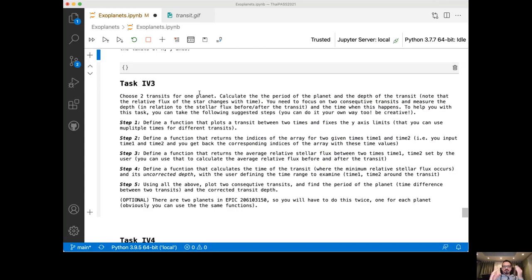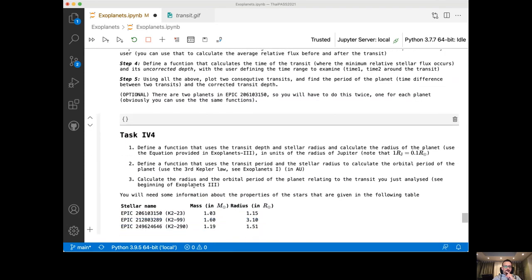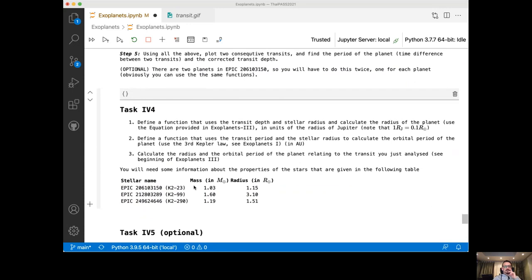First of all, get the bigger transit, so the bigger planet, and then follow the steps to calculate the radius of the planet and its period. Then, as an extra step, try to see whether these planets are in the habitable zone.